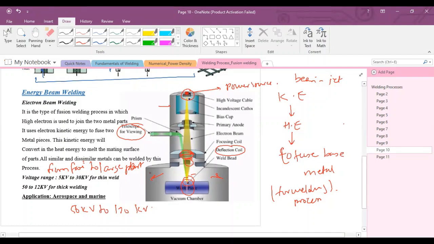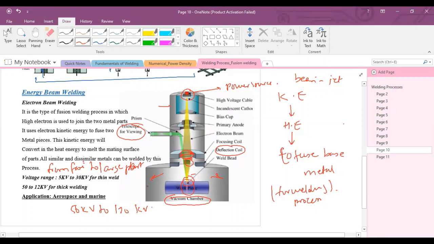This type of welding is used in the aerospace and marine industry. There is one disadvantage: your vacuum chamber. You can only place a workpiece which is smaller than the vacuum chamber. If your workpiece is greater than the size of the vacuum chamber, you cannot weld those parts.